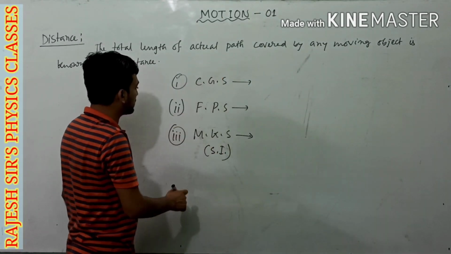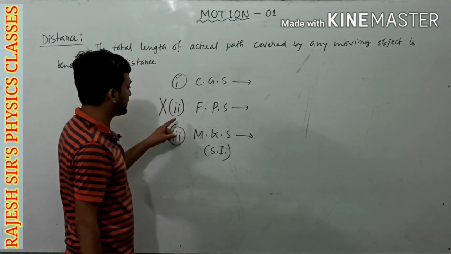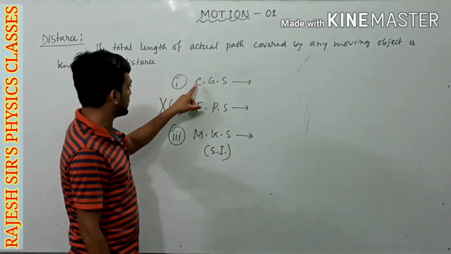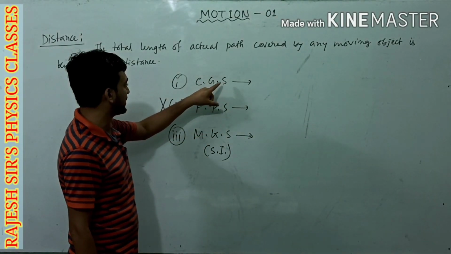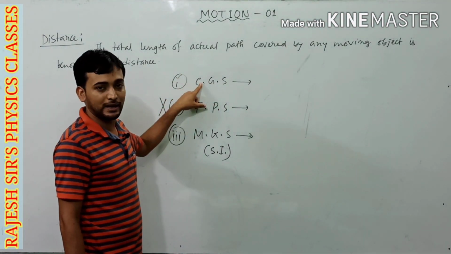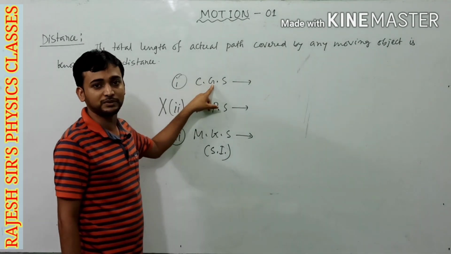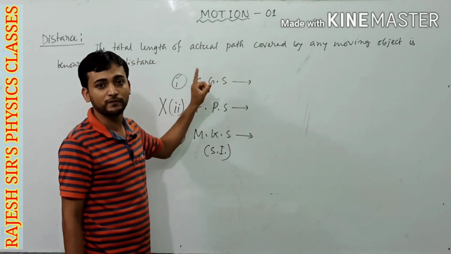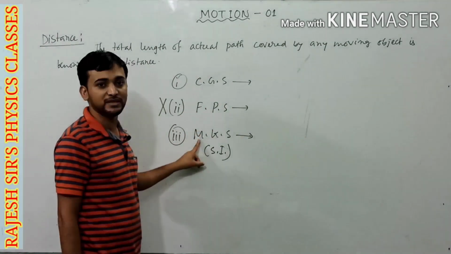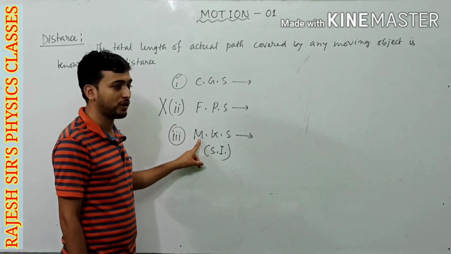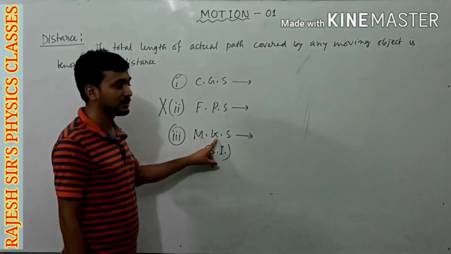Out of these 3 unit systems, nowadays the second unit system is out of the syllabus. So here CGS means centimeter gram second. This centimeter comes as the unit of length, this gram comes as the unit of mass, and this second S comes as the unit of time. Here also M means meter. Meter comes as the unit of length.